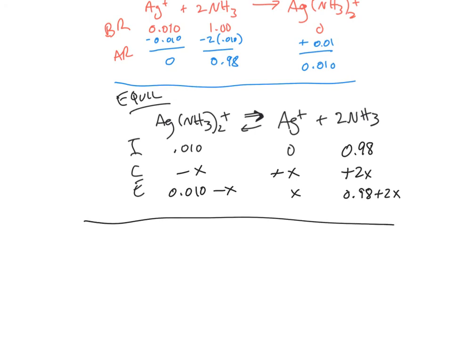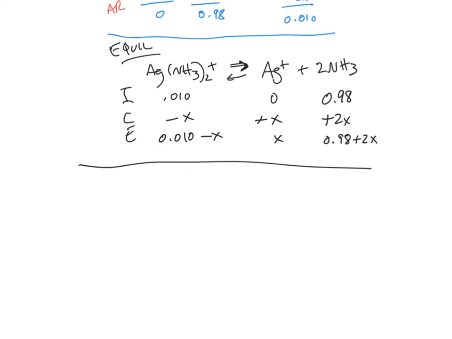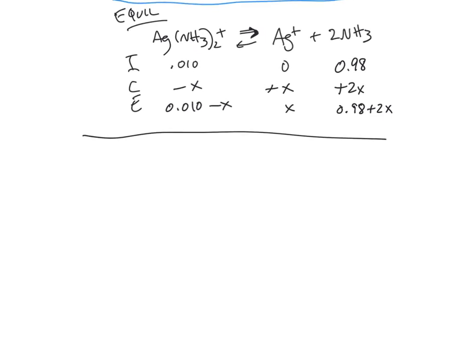Then this is an example of dissociation of the complex ion. So we're going to need KD. So KD is 1 over KF, and we had that number before. It was 5.9 × 10^-8.